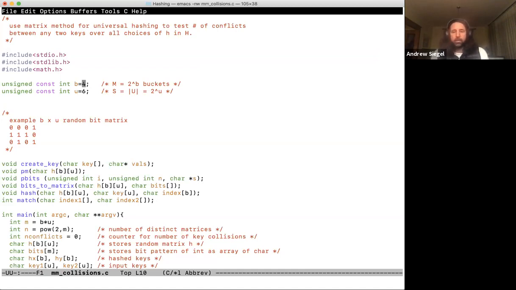And that statement is true for every pair of keys that you can compare out of the universe of keys, capital U. That does not necessarily say anything about what is going to happen when you pull out a specific hash function, little h, out of big H. You could want to hash two keys, and those two keys could hash to the same location. But it says what happens in expectation. So it's that last step that I want to make meaningful, and I'll do that in the last segment.